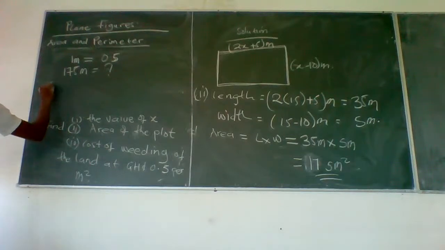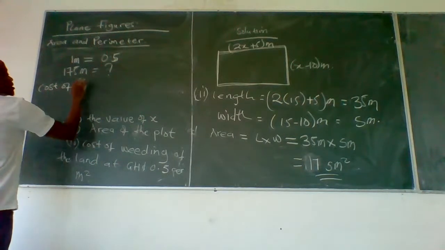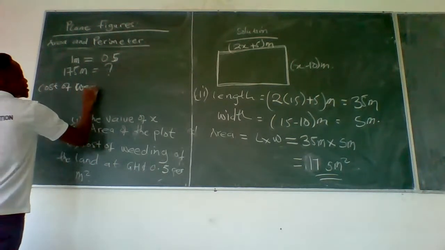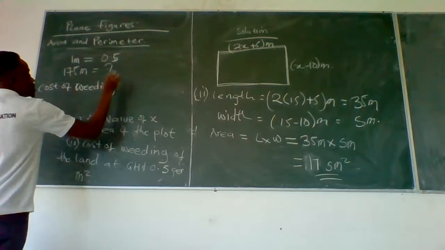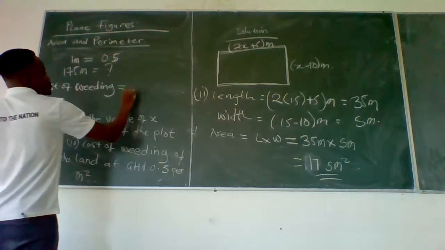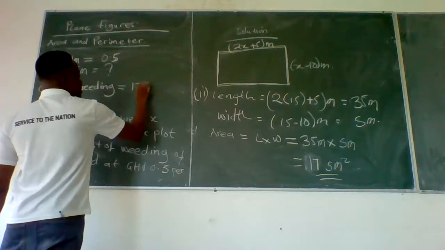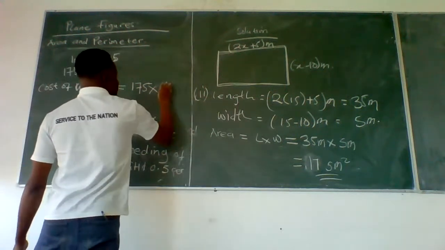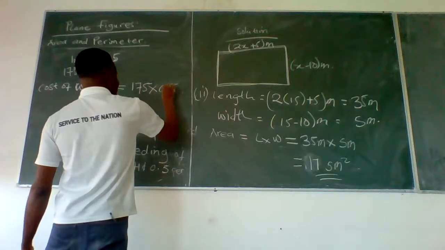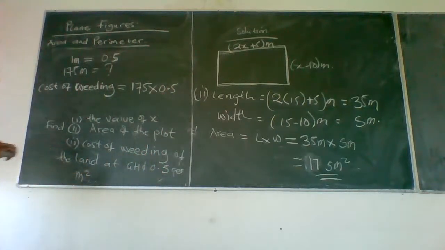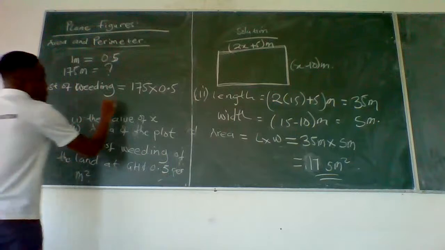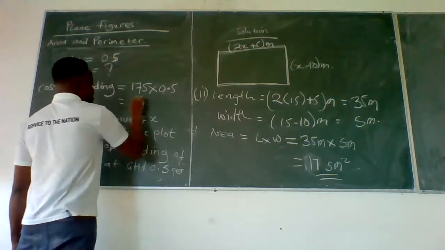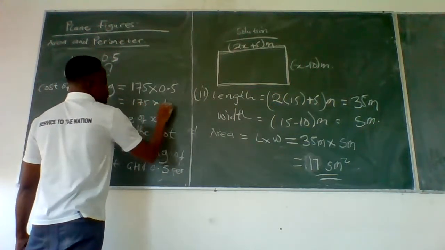So total cost of weeding will be equal to 175 times the amount charged, so 0.5 Ghana cedis. So this one is the same as 175 divided by 2.